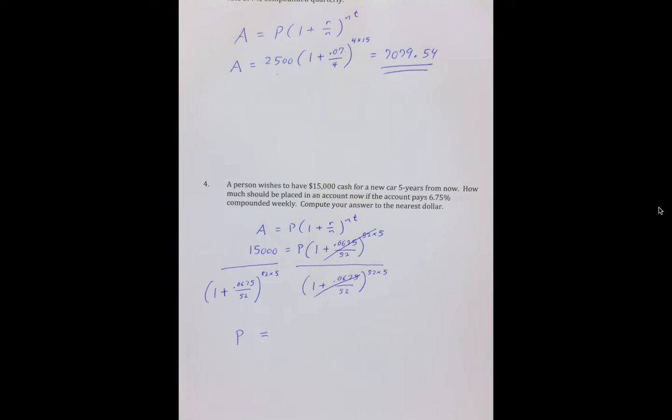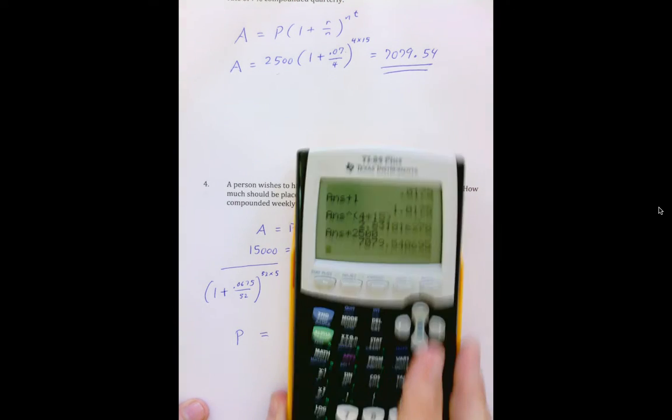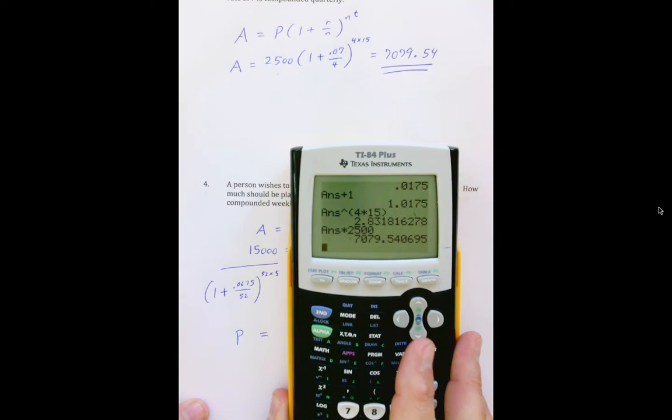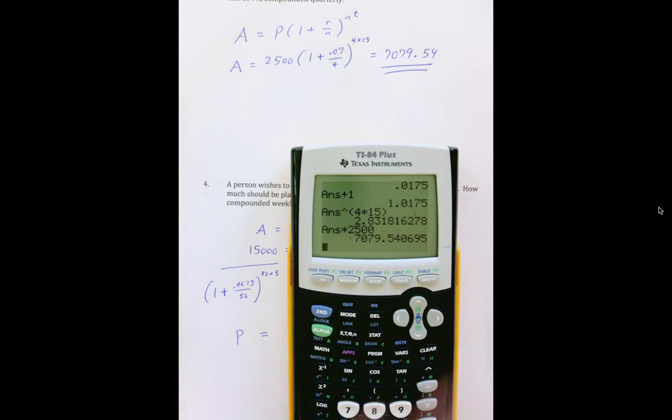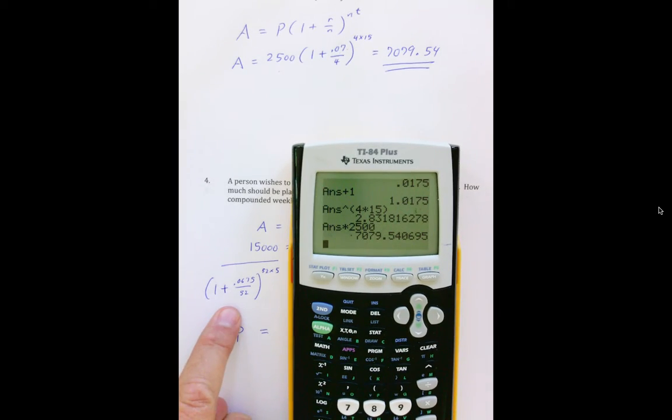Well, what I would do, and I found this to be pretty effective for all students, start with the hardest part. Get it out of the way first. So I can go 0.0675 divided by 52, and that gives me that part right there.